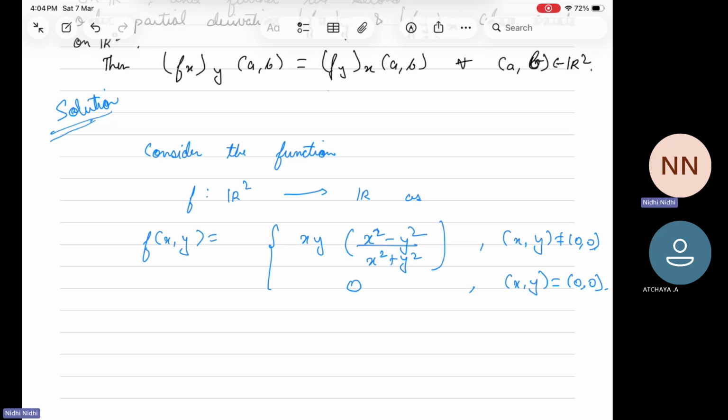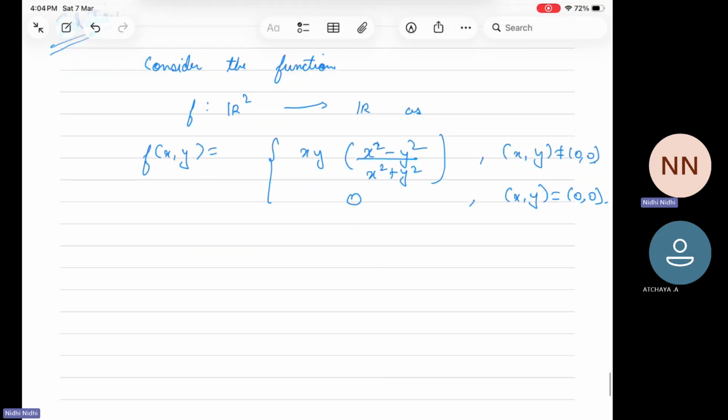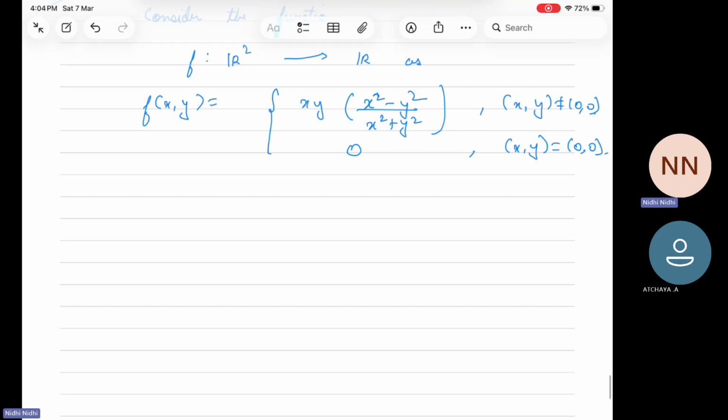So we'll see that the partial derivatives fxy and fyx for this function at the point (0, 0) exist, but they are not equal. So let's see how it looks.